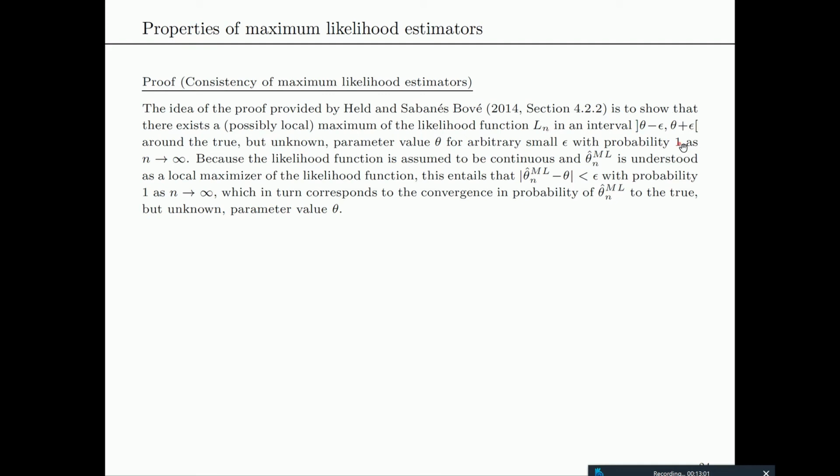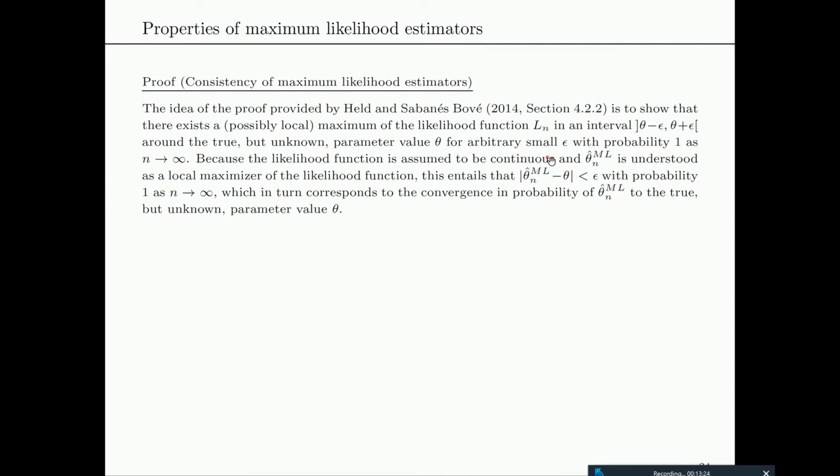Now, if there is this local maximum in this interval, then also with probability 1 as n goes to infinity, the maximum likelihood estimator gets arbitrarily close to the true but unknown value. And this is consistency.